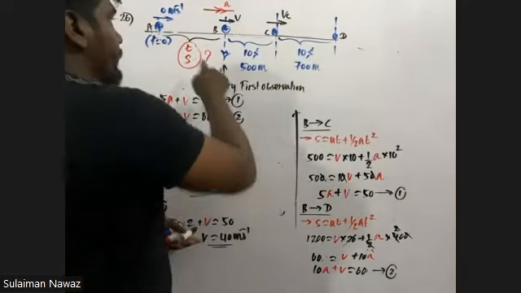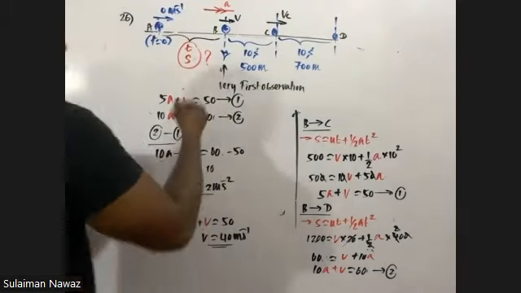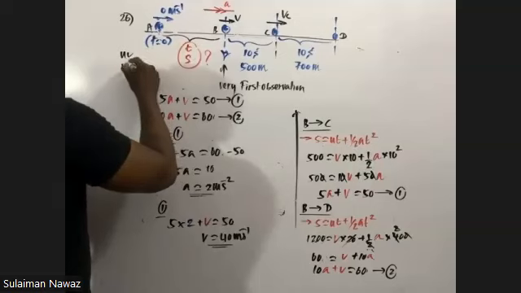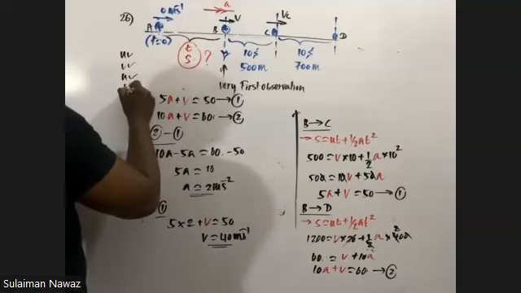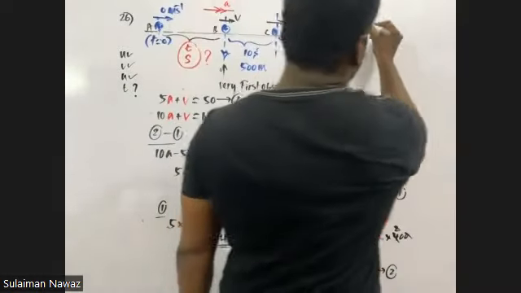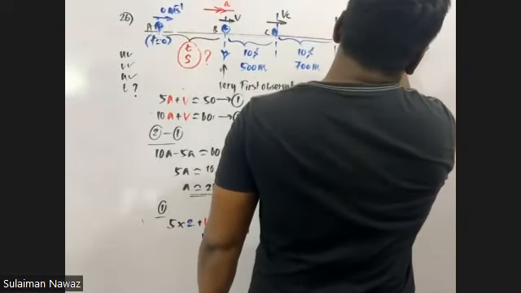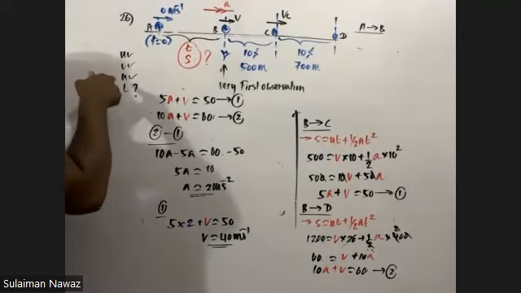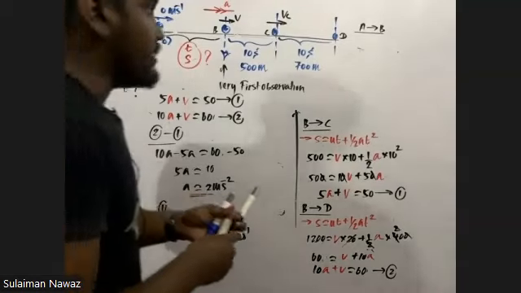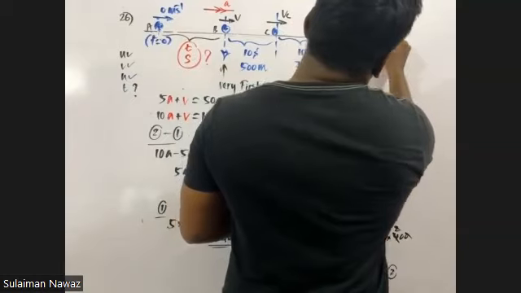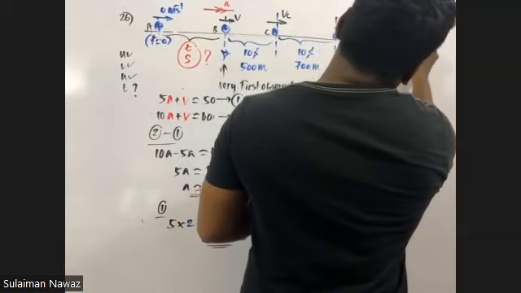Right, best equation. If you want to find time, let's say now you know initial velocity, you know final velocity, you know acceleration. If you want to find time, what is the best equation? Consider A to B motion. V equals U plus at, right?